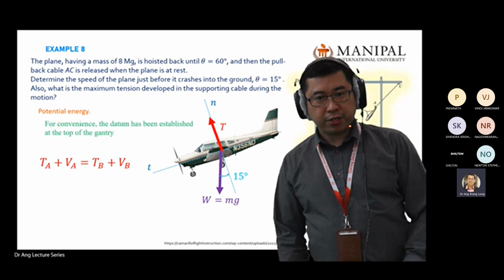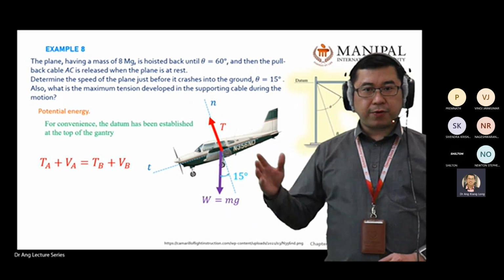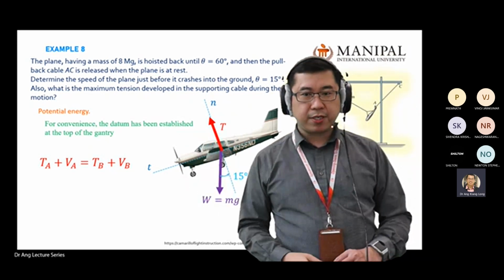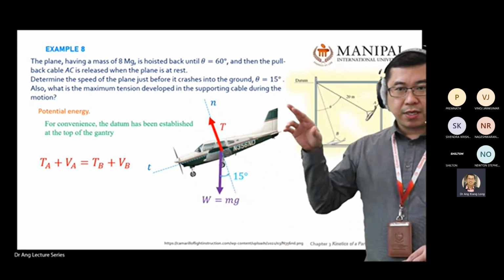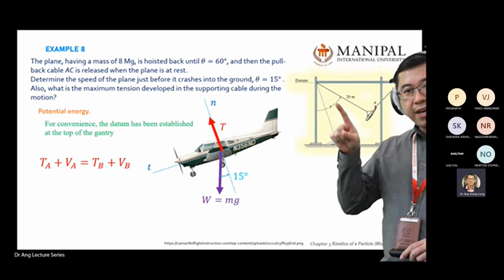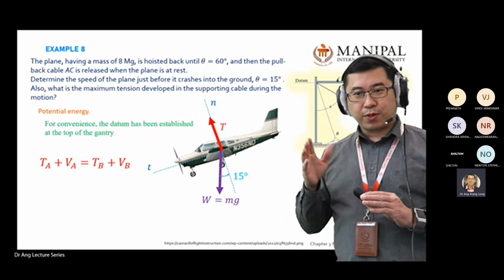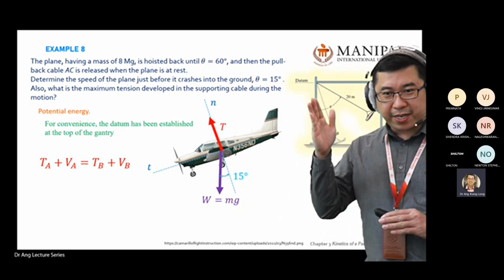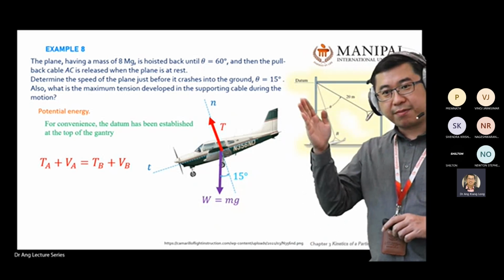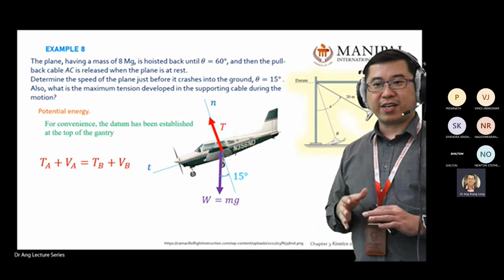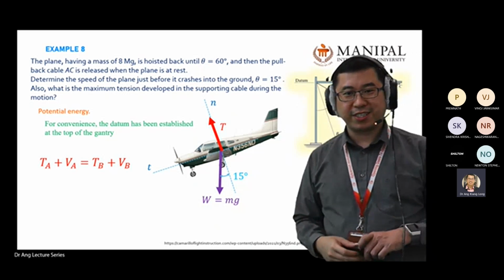Next, we look at energy. For potential energy, always have a datum. Just a reminder again: if you see a datum in a question, you cannot run away from potential energy.